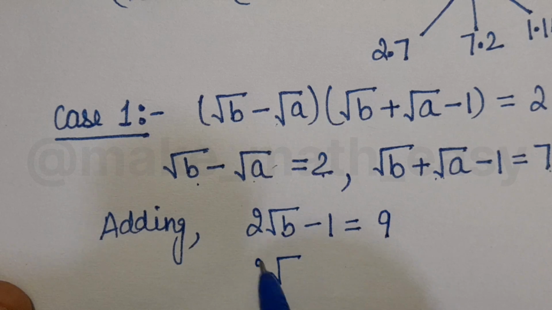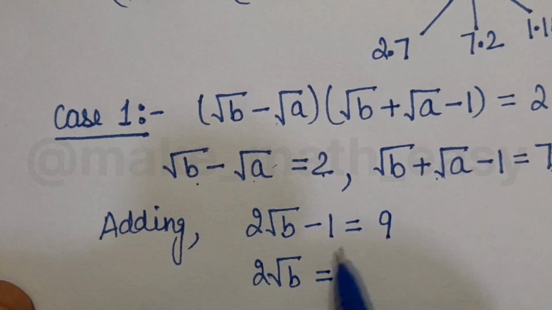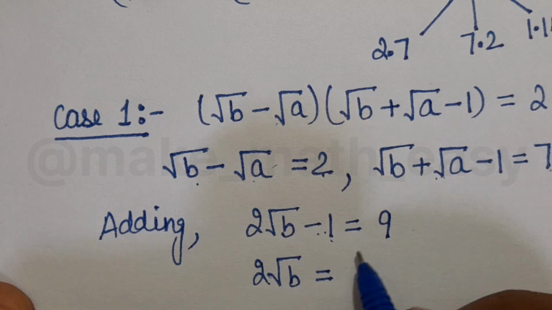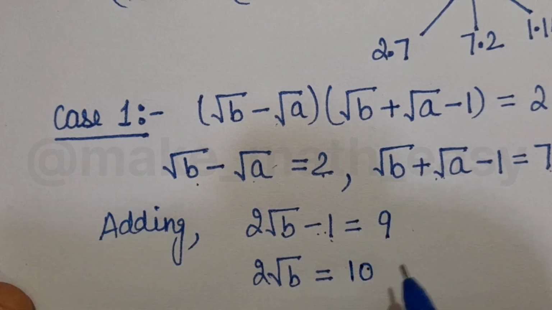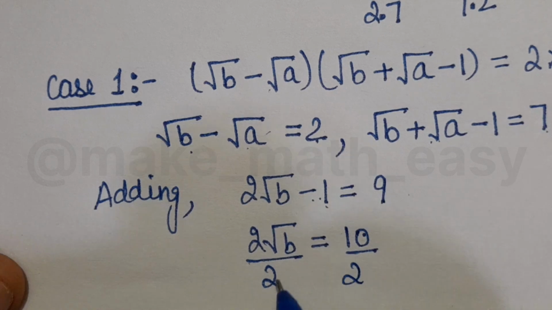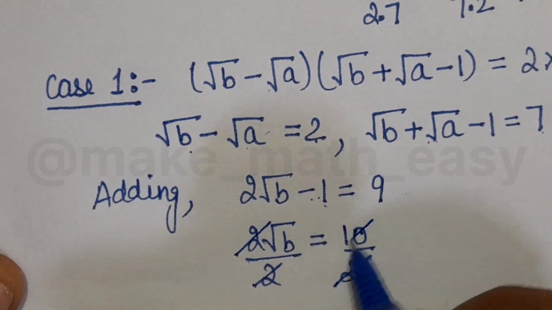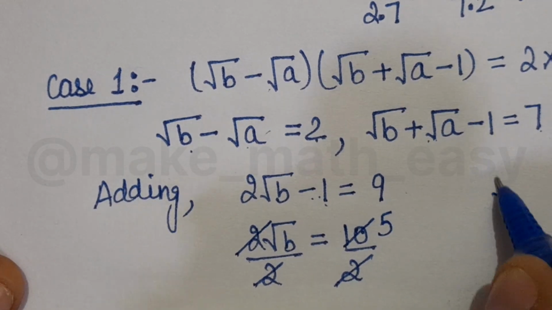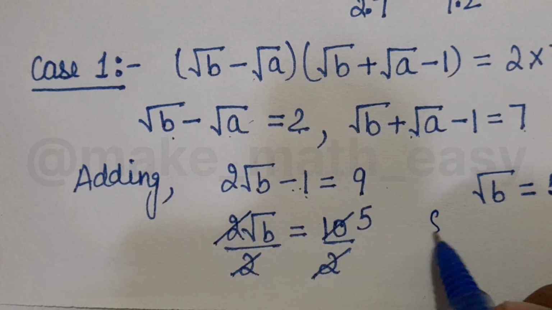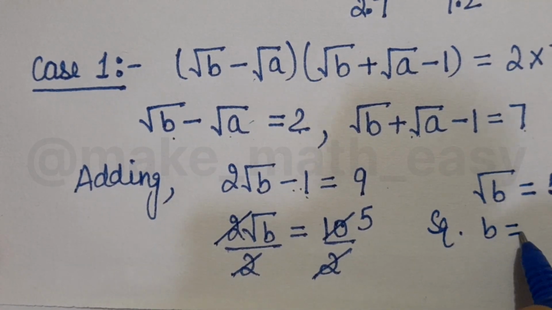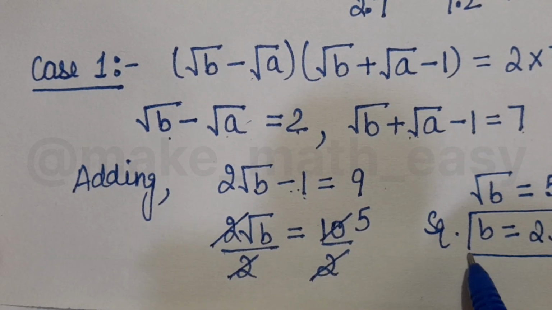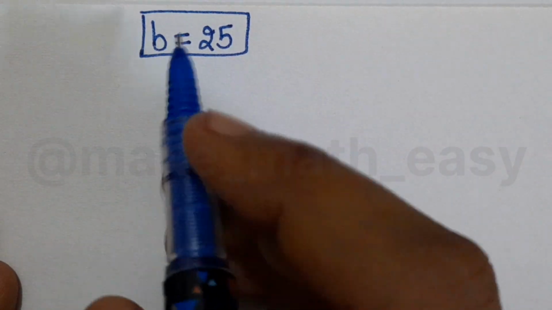So 2 root b equals to 9 plus 1, because this minus 1 becomes plus 1, equals to 10. Dividing both sides by 2, we get root b equals to 5, and on squaring b equals to 25. We have b equals to 25.